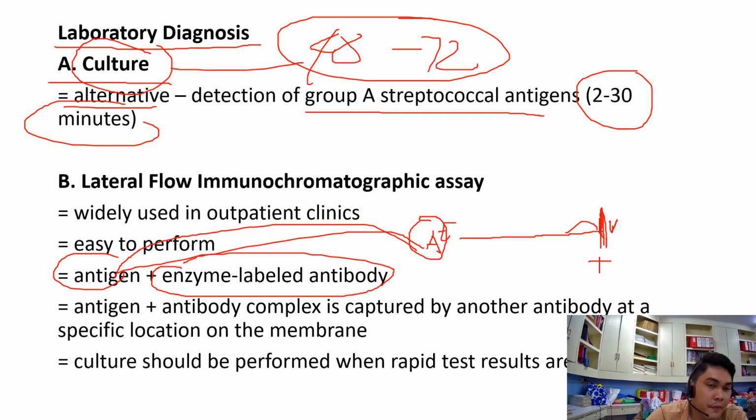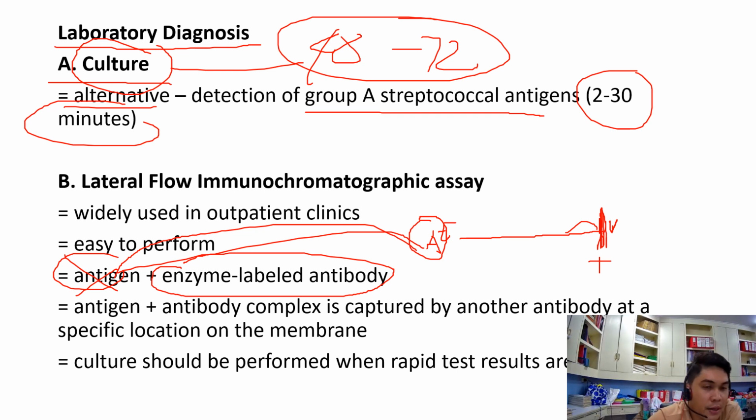If there's no antigen-antibody complex, the antibody present in that test region will not be able to react with the antibody alone. It needs the antigen-antibody complex as partner. So if antigen is absent, there's no line development in the test region.